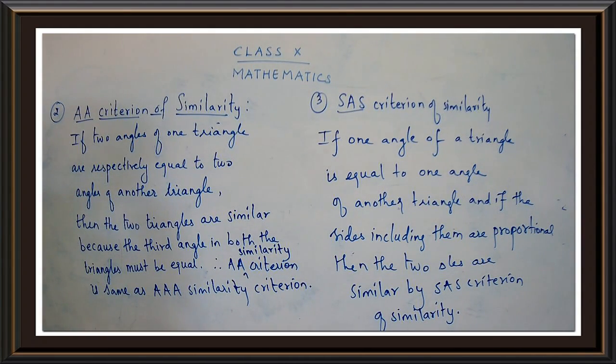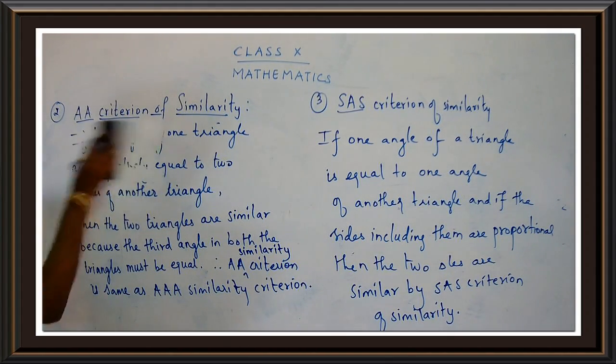Okay. Let's go for the last criterion, that is the SSS criterion, and you have this definition on your page 160. I hope you would have taken the second point.